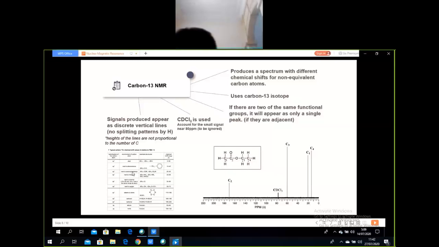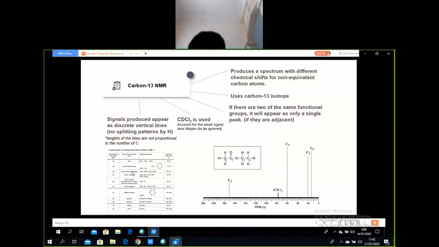TMS is at 0 ppm in the spectrum. So the analysis of the carbon 13 spectrum is similar to proton NMR, looking at the different chemical shifts to identify characteristic molecular environments. However, the signals produced in carbon 13 NMR appear as discrete vertical lines on the spectrum.